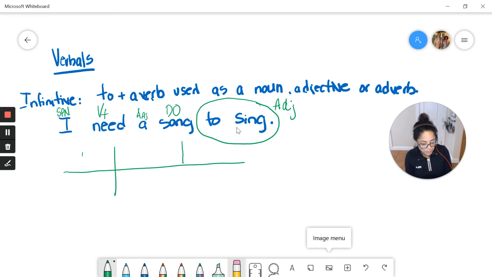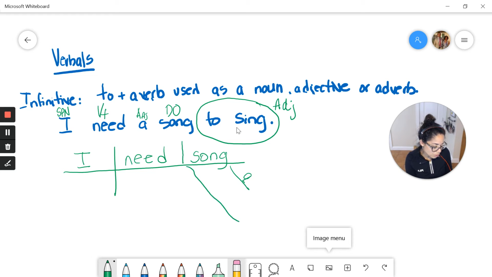So our subject pronoun is I. Our verb is need. Our direct object is song. Which song? A song, right? Which song? A song to sing.